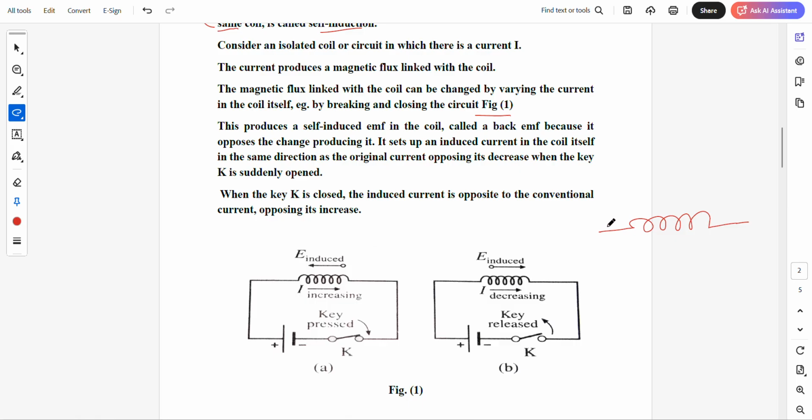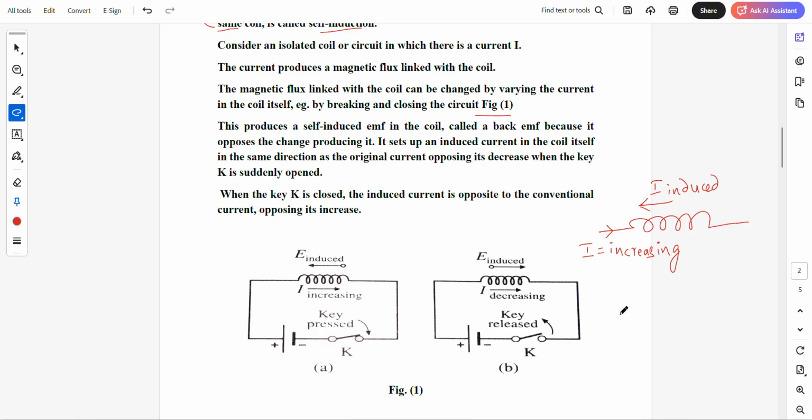If I is increasing at that point, I induced will be in the opposite direction. I induced will be in the opposite direction, same as your E induced. Remember this.